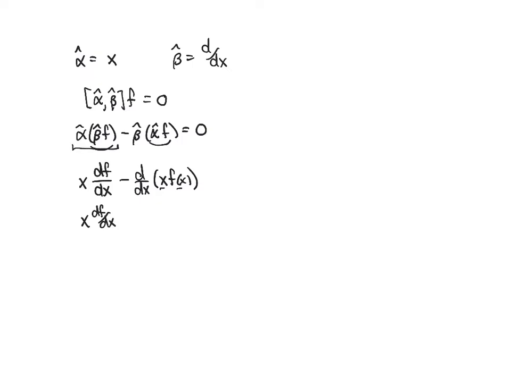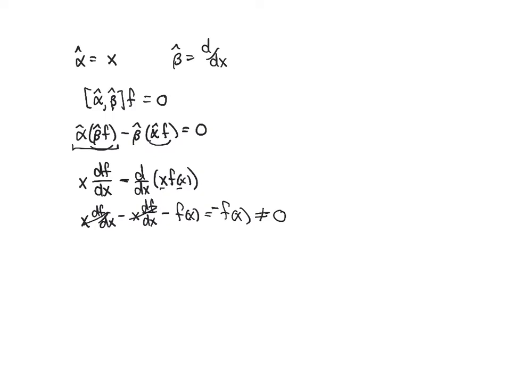And then, minus, because of this minus sign, the derivative of the first, which is 1, times the second. And so you can see that this and this cancel out, and it equals minus f at x, which is not, in general, 0.